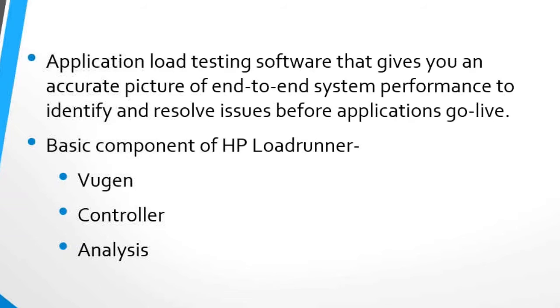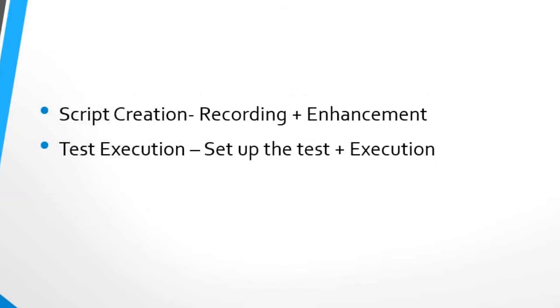It's making a disturbance. Now we'll see the Controller. The second component is the Controller, which is used for the execution of the test. Means you design your scenario, you create a workload model in this Controller. Once you have created your script in VuGen, you want to have something where you could define that, okay, fine, I want to execute this particular test with 10,000 users.